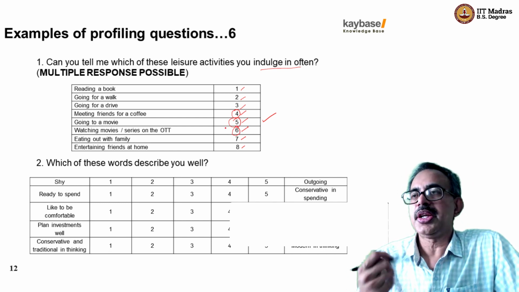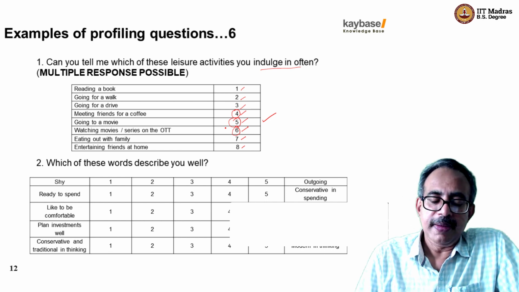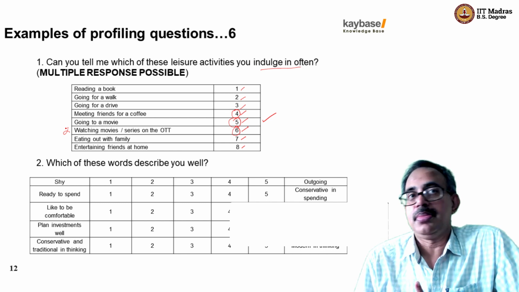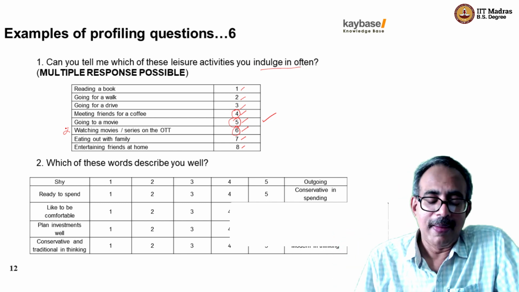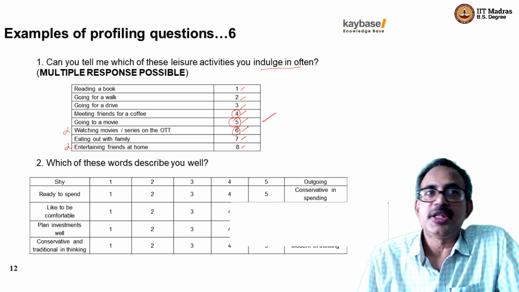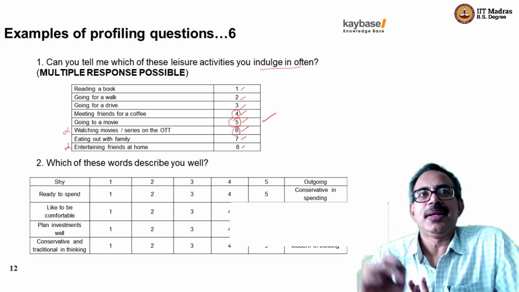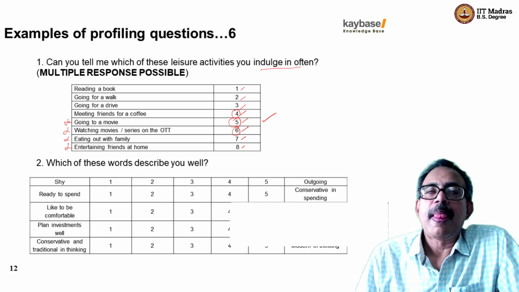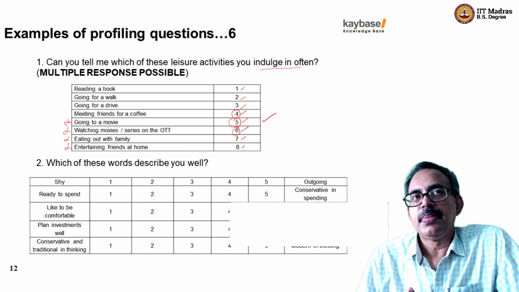Very good. Take me for example. I only very recently learned what OTT is. I don't watch. I don't entertain friends at home. As a family, none of us eat out, we just don't like it. Going for a movie?